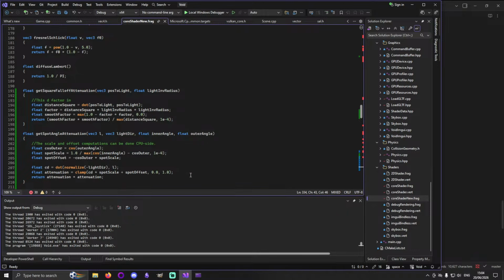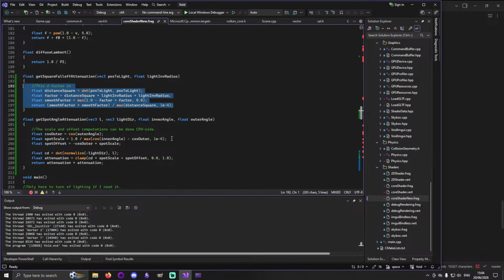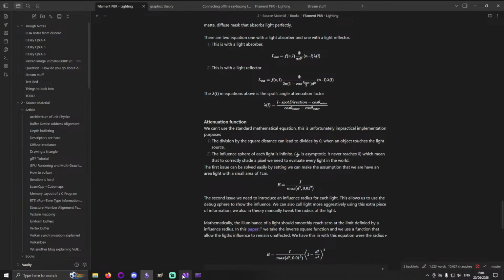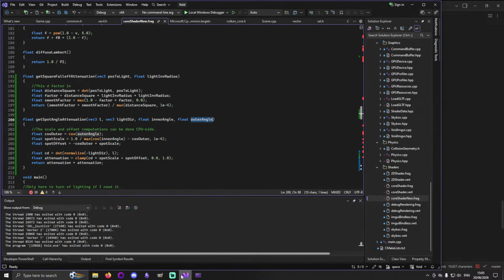So that's the distance function that we worked out, and this is the inner and outer angle, right? So this is this function, which is the lambda function, which we need to multiply by everything. So okay, so this is in candles. Okay, so light direction, which we send in.